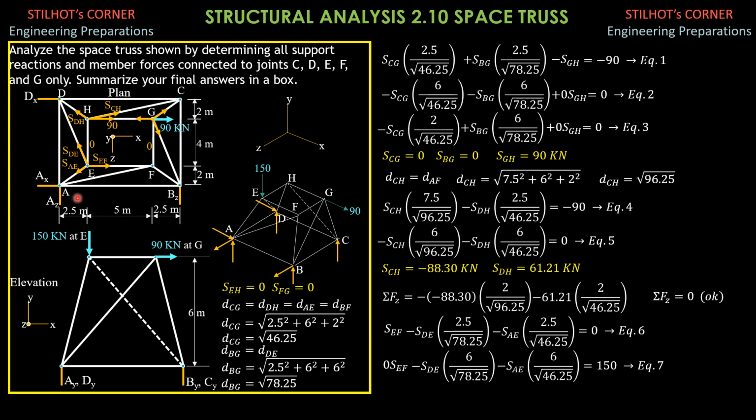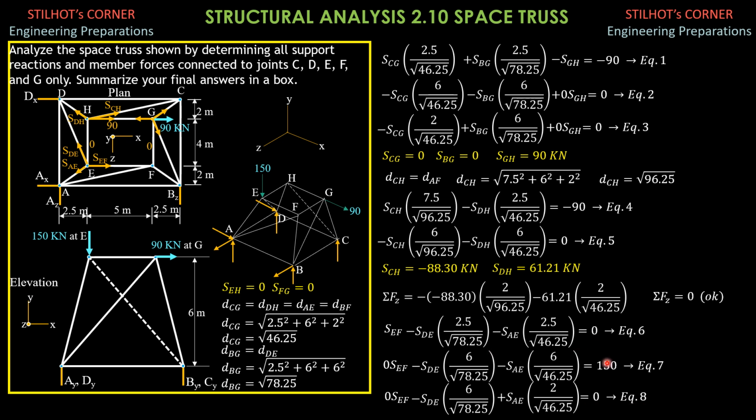Then summation forces along Z. SEF again is not involved, so 0 SEF. SDE is in the opposite Z direction, so minus SDE times 6 over square root of 78.25, plus SAE times 2 over square root of 46.25, it's positive, equals 0. Equation 8.